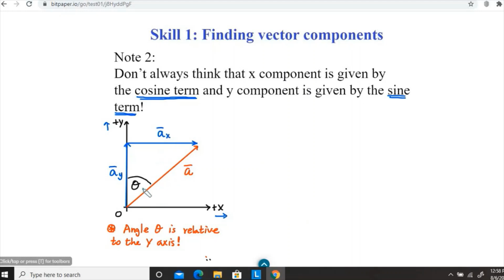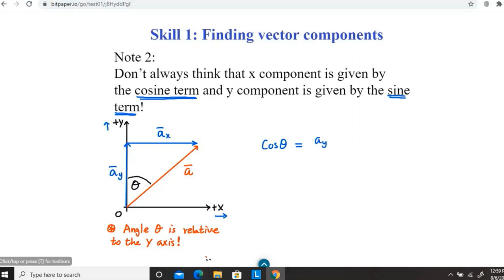Now if you look carefully, what is cosine theta? The definition of cosine theta is adjacent over hypotenuse, the magnitudes. The adjacent in this case, for this particular right angle triangle, is not our usual ax, but it's ay.